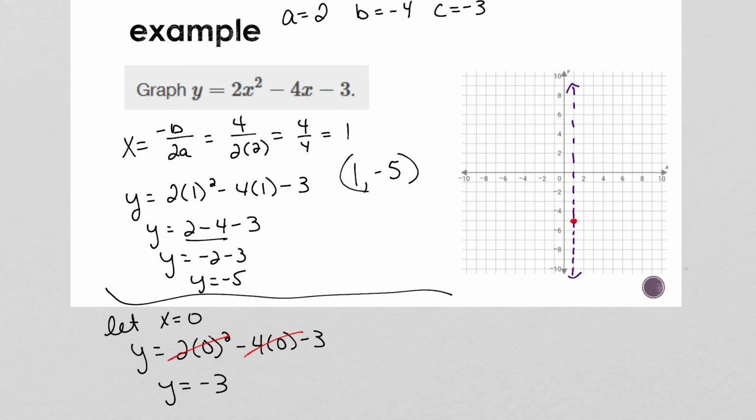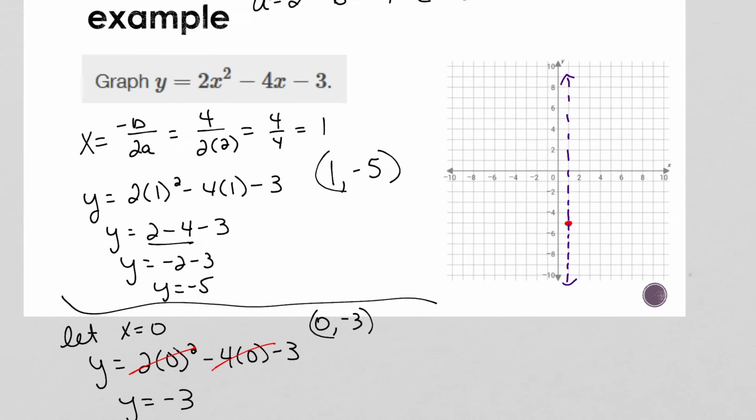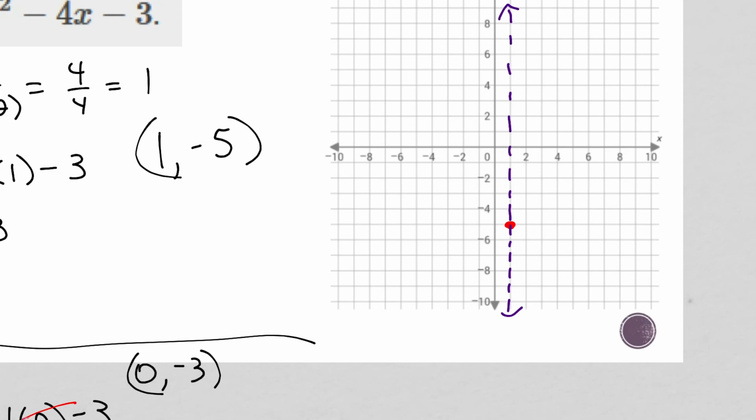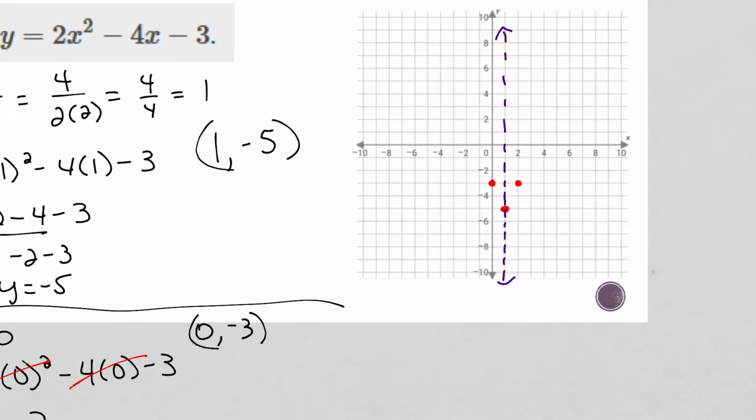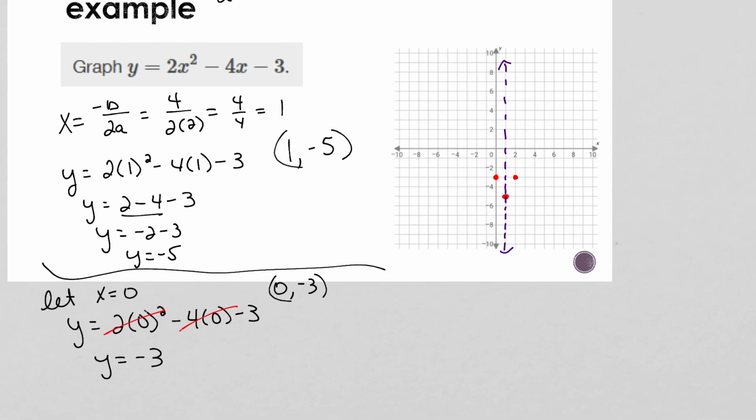So we have a point at (0, -3). So let's put that on the graph. Okay, so that means that thanks to the axis of symmetry, I've also got a point right here.